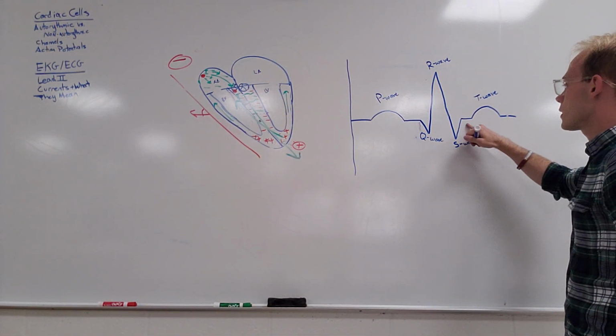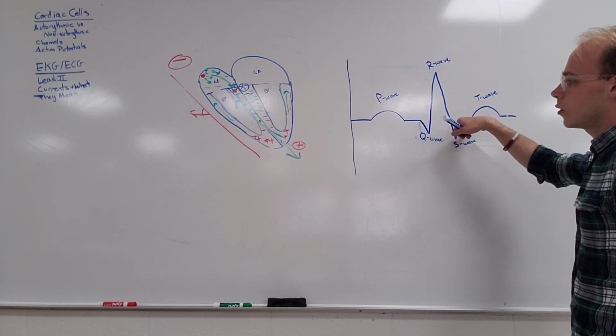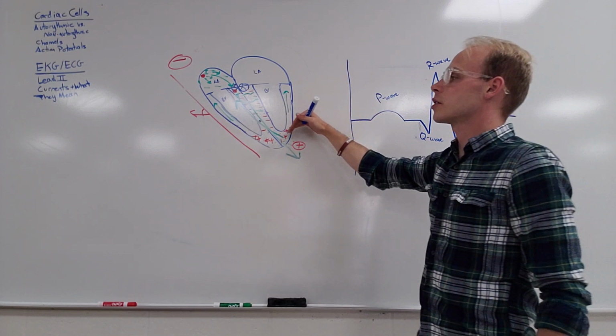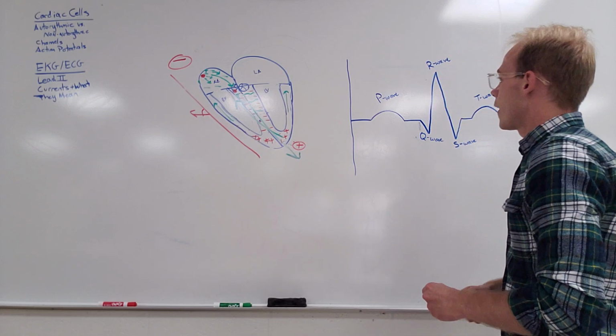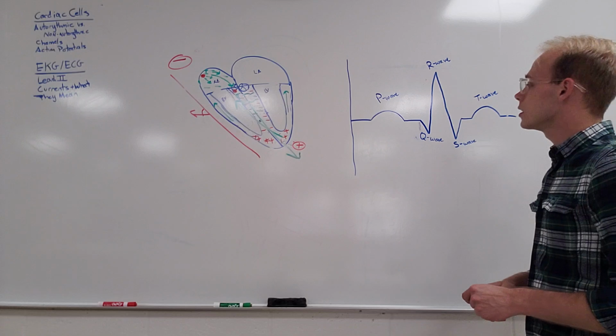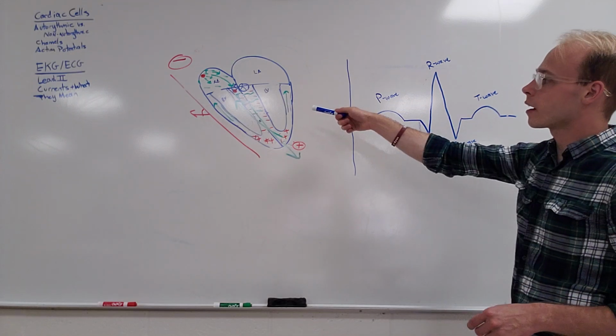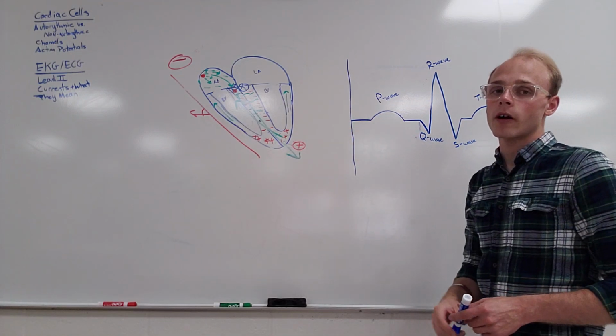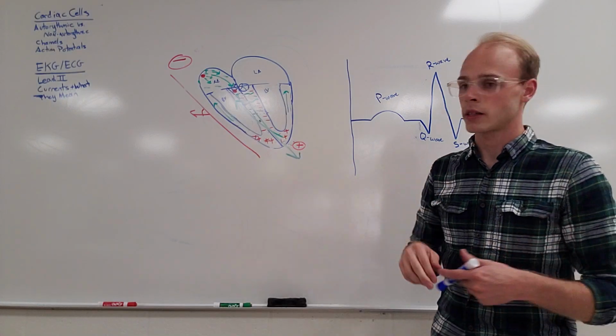Then we've got the ST interval, how long it takes for the heart to repolarize. And that's EKG. And that's based off of lead 2, different kinds of waves, and how the current looks within the heart measured from EKG electrodes on the outside of the body.